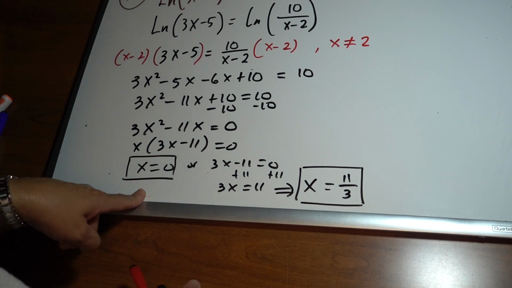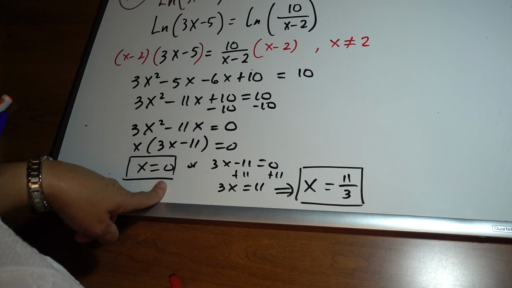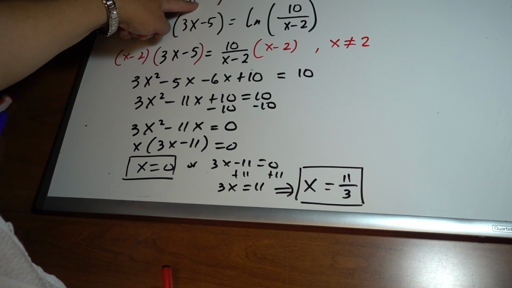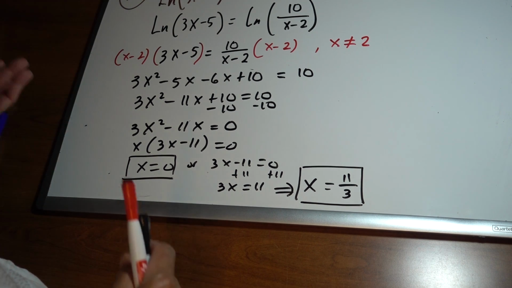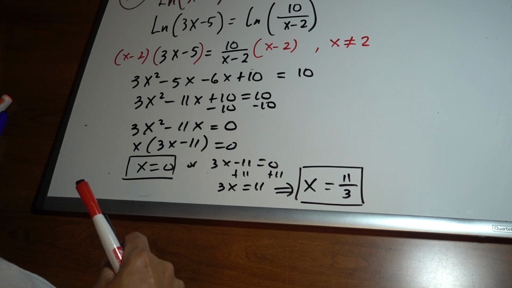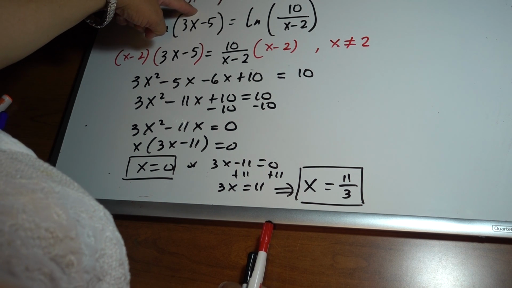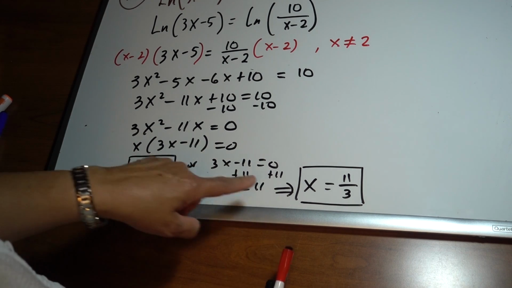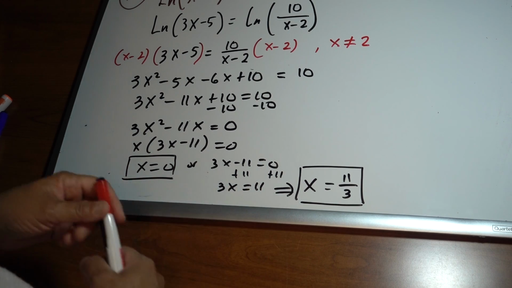Right away you can tell that x equals 0 is not going to work, because once I put 0 here, I'm going to have 3x minus 5, 0 minus 5 is negative 5, and the logarithmic function's domain is always the positive numbers. So 0 doesn't work. 0 is extraneous. So the only one that we need to check is 11 thirds.